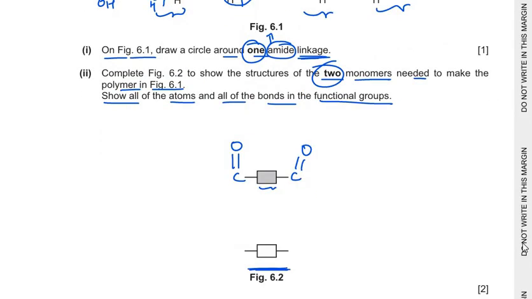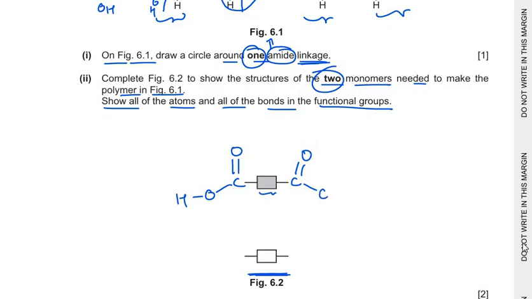So if we draw that way, we are going to have O and H additional here. So here is O and here is H. Now remember what is asked, show all the atoms and all the bonds they have said in the functional group. So we are supposed to show all the bonds here, that is C double bond O, CO bond and OH bond also.